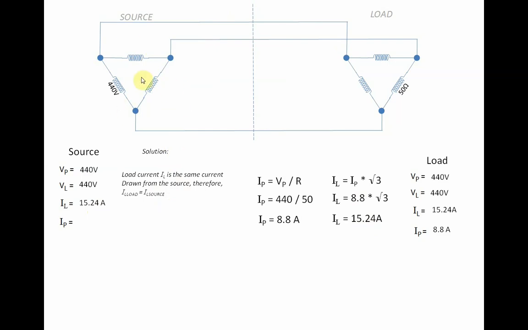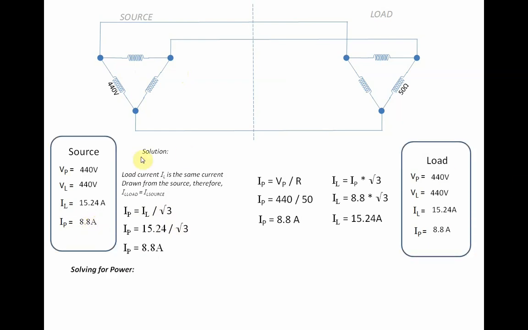And since this is in delta, the phase current is obviously the same as this one, but if we solve it, line current divided by square root of 3 gives us 8.8 amperes. Now that's our answer. Now how do we solve for power?